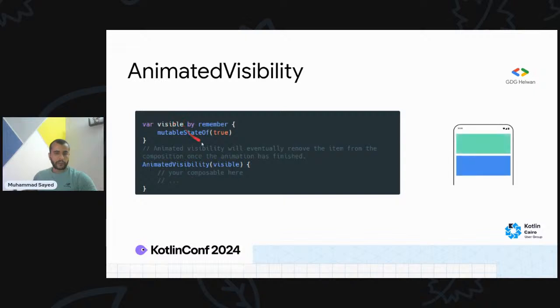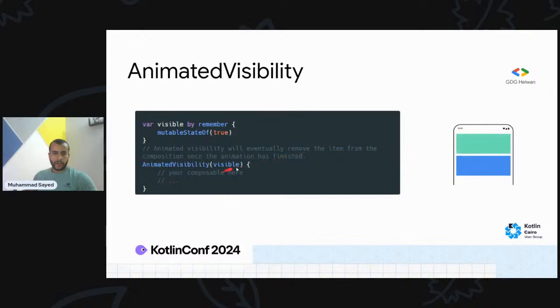We can do this by using delegation with mutableStateOf, and we set a default value. It's very easy. We can control this value later when, for example, we click on that box, such as the green one.